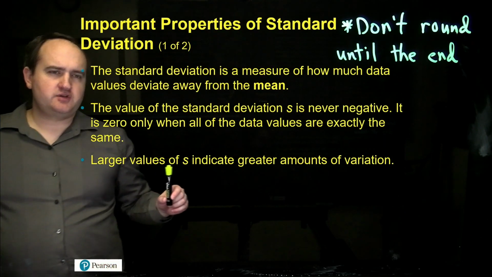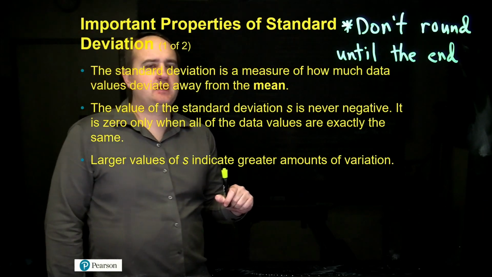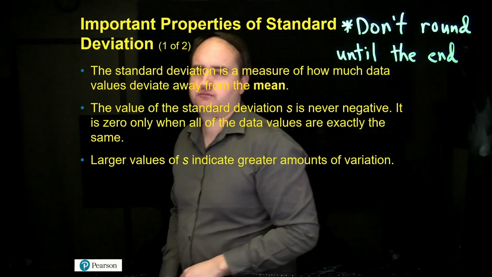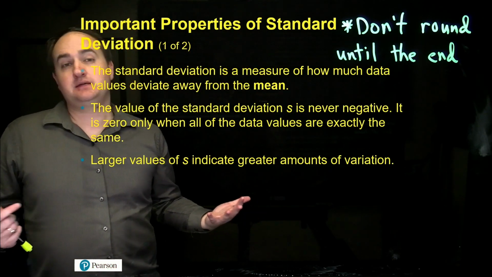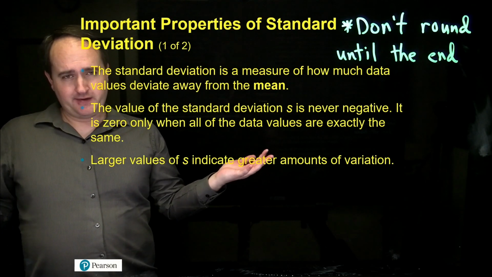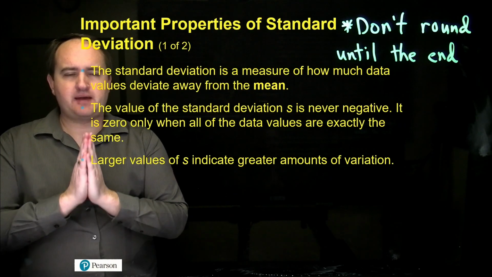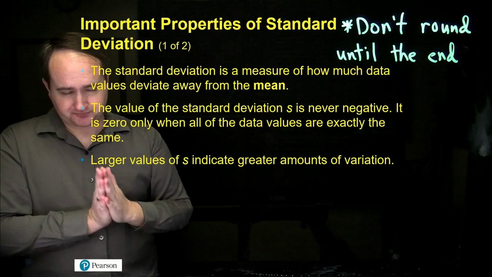Okay, larger values of S, the sample standard deviation, indicate greater amounts of variation. So we just said that if S equals 0, that means all the data values are the same. There's no variation.